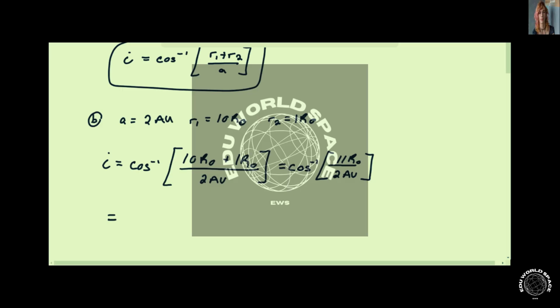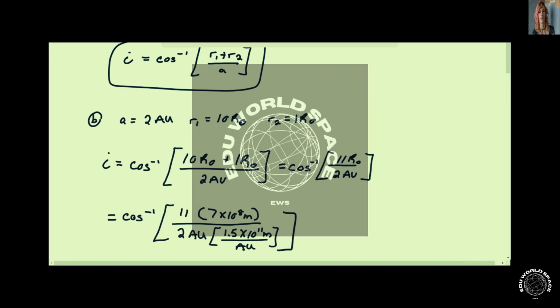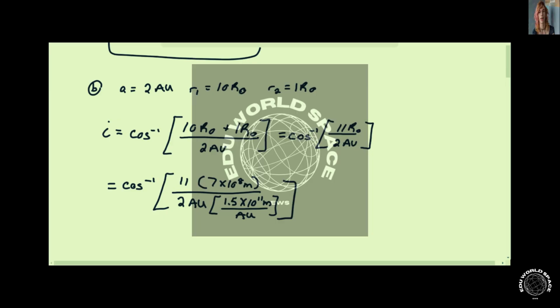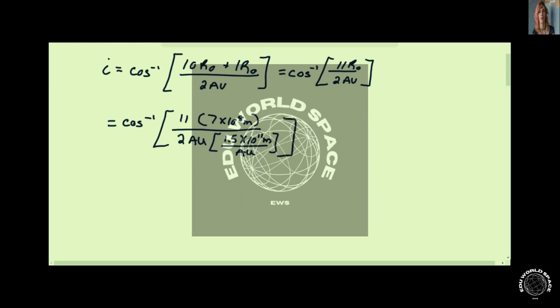So cosine inverse of 11 times 7 times 10 to the 8 meters over 2 AU. Let's convert that to meters: 1.5 times 10 to the 11 meters per AU. There we go.